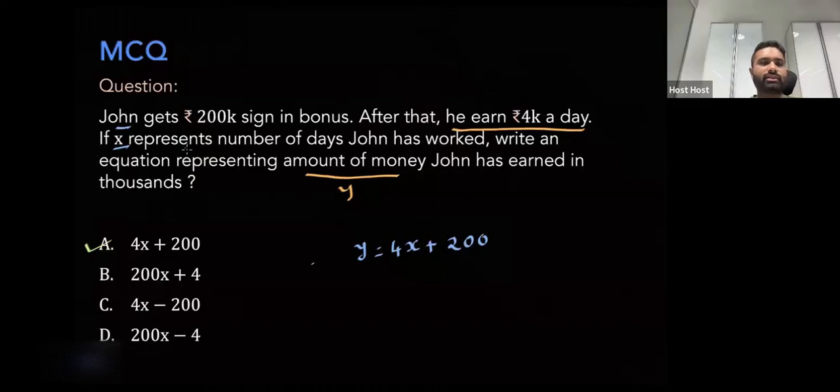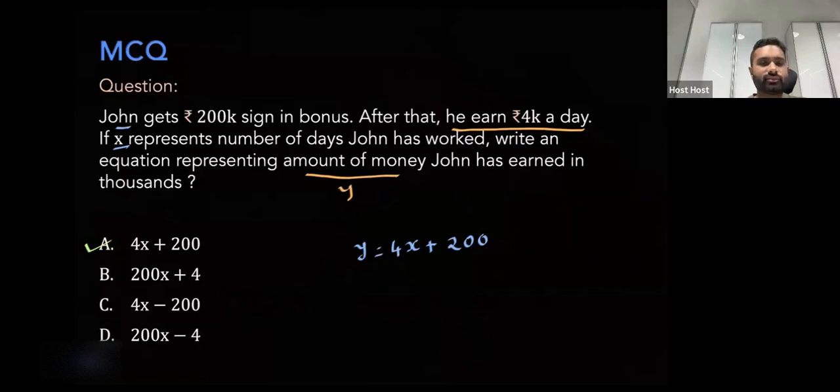But the problem in this case is that you are given a certain description of the problem. More specifically, there is an explicit mention of a relationship between the number of days John has worked and the signing bonus. And that is explicitly mentioned in the question itself. So you are able to obtain this relationship very nicely, and you did not face any problem.